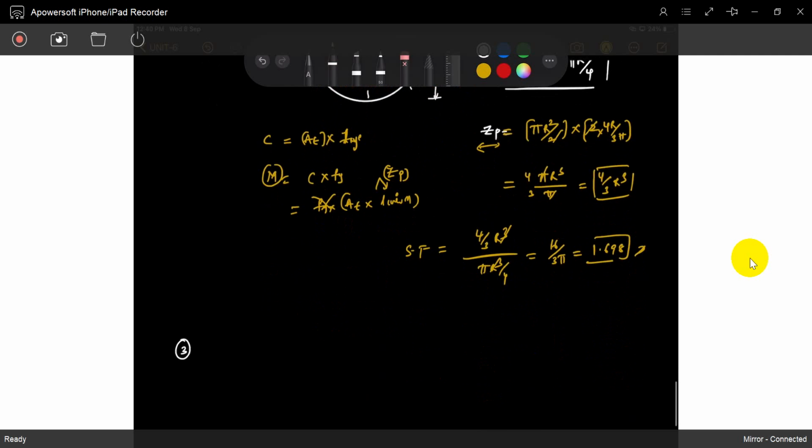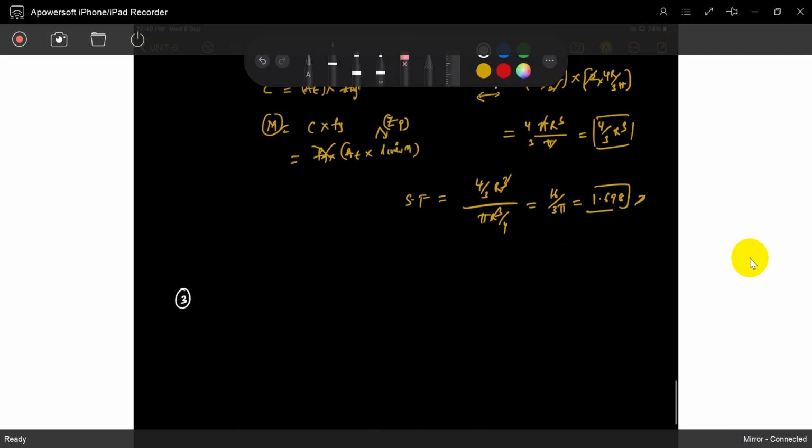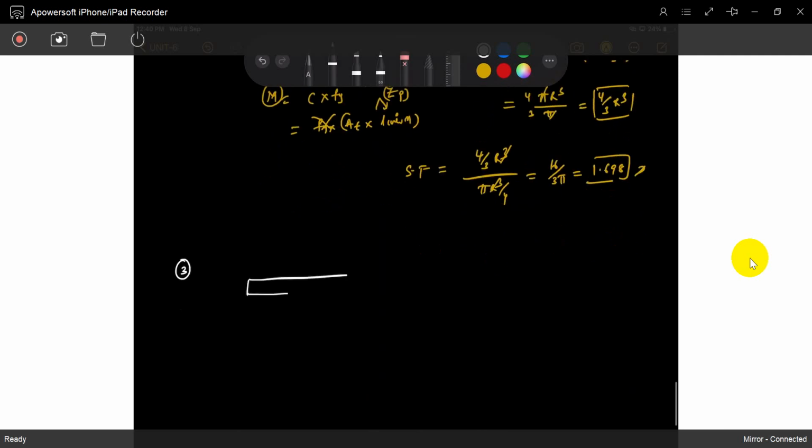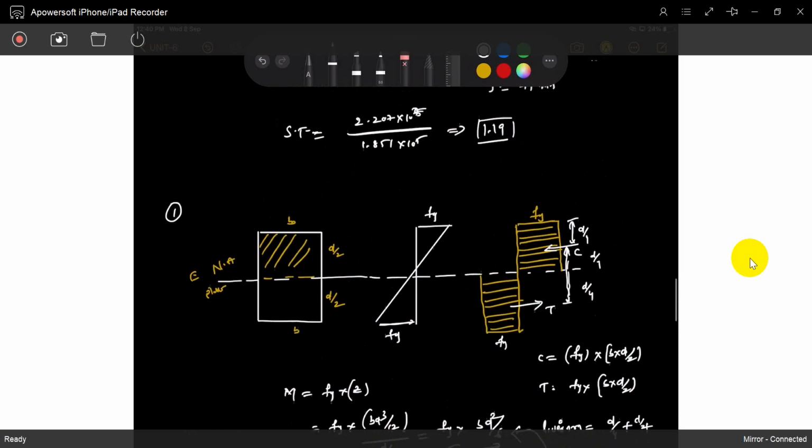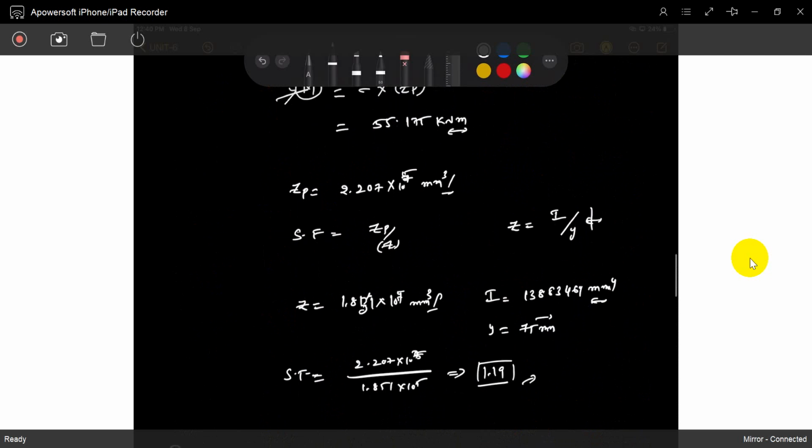So if you see another section, if you take an I section, an I section has so many dimensions. If you take a symmetrical I section, we did one problem. What is that? 1.19.